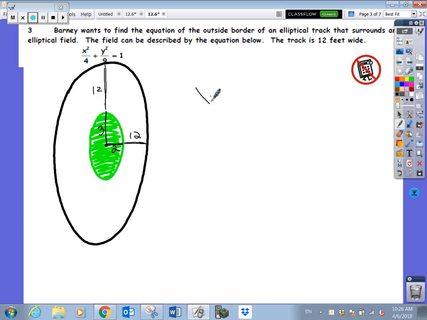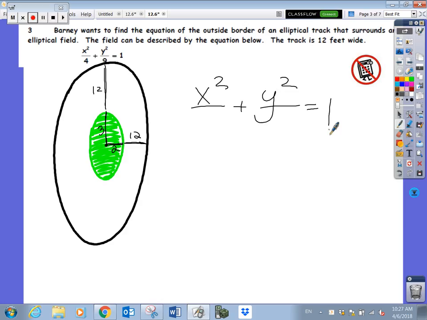So just like before, we know it's going to be x squared, y squared. If you want your center to be something else, that's fine. It doesn't matter what the center is, but typically on an ellipse, unless it tells you the center is something else, it's going to be 0, 0. So here is my new y. From the center all the way out is my a value.